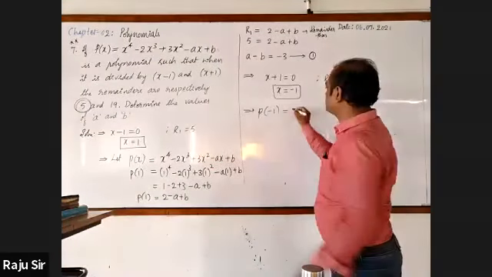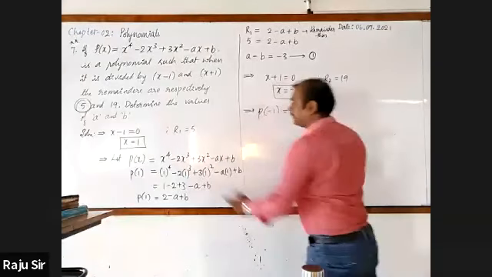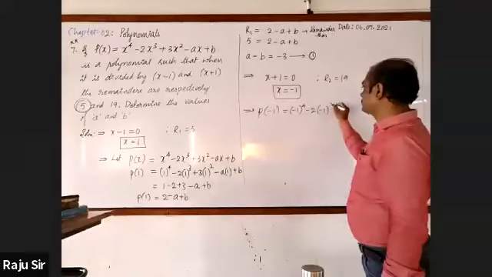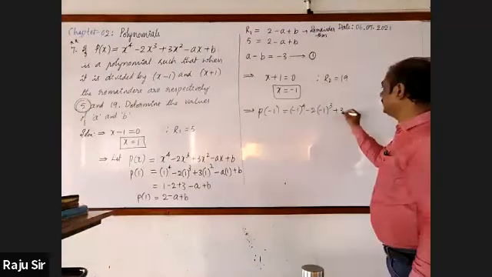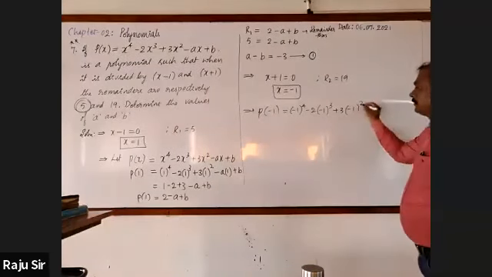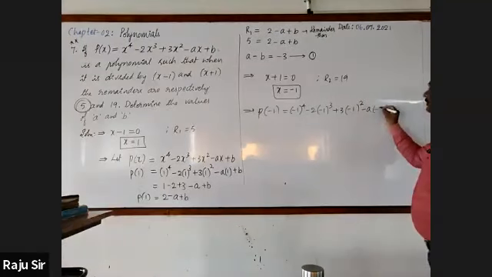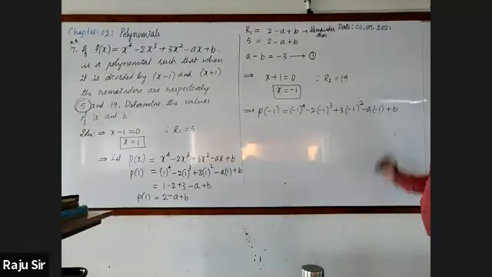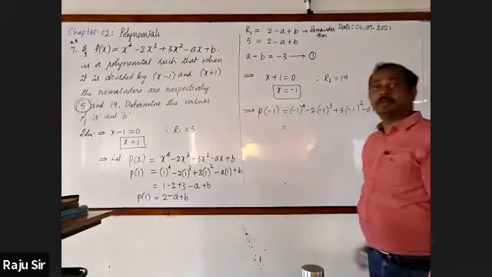It is minus 1 whole raised to the power 4, minus 2 into minus 1 whole raised to the power 3, plus 3 into minus 1 whole square, minus a into minus 1, then plus b.